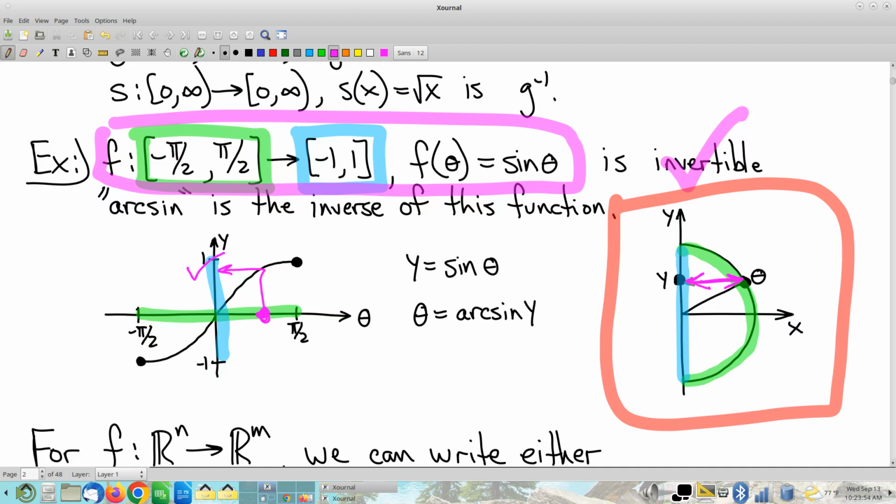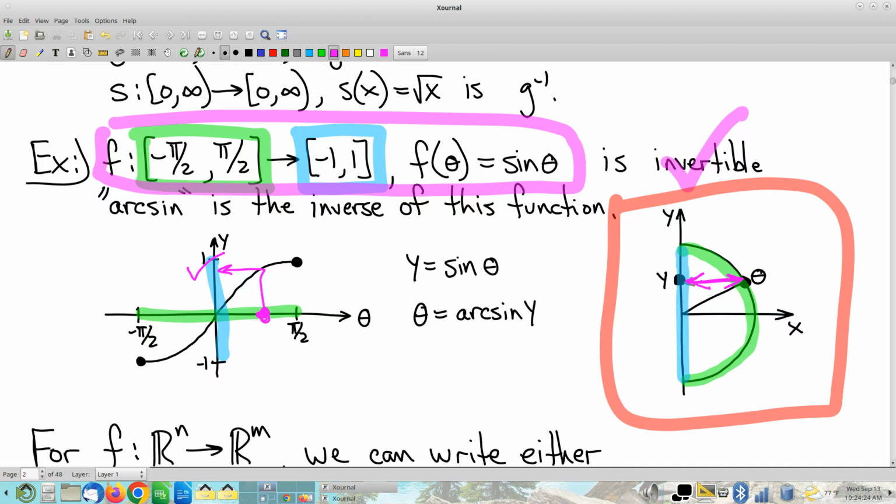So for my own money, the way I think about, how do you remember which way does arcsine go? Which values does arcsine take? I don't think about the graph of the sine wave and which part of the graph fits better, right? I think about this picture because it's just so immediately easy to see that for every point on this green semicircle, there is exactly one corresponding value on the y-axis and vice versa, right?